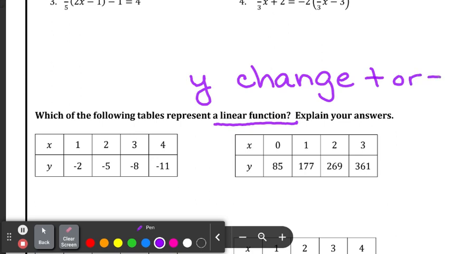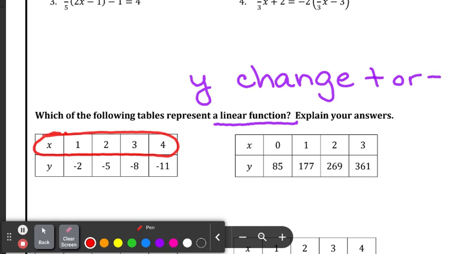Typically, this doesn't happen as far as test taking goes, but make sure your x values are going up by the same amount. So this x goes up by 1, 2, 3, 4. They're increasing by 1.